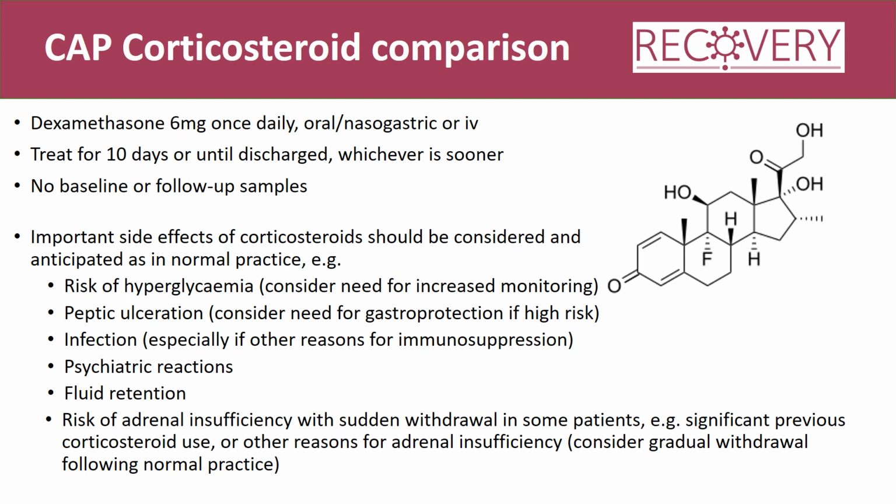Psychiatric reactions can occur, particularly in those with a psychiatric history, and so can fluid retention. And finally, some patients may be at risk of adrenal insufficiency with sudden steroid withdrawal, for example those with significant previous steroid use or other reasons for adrenal insufficiency. And if so, consider a gradual withdrawal of dexamethasone following normal practice.